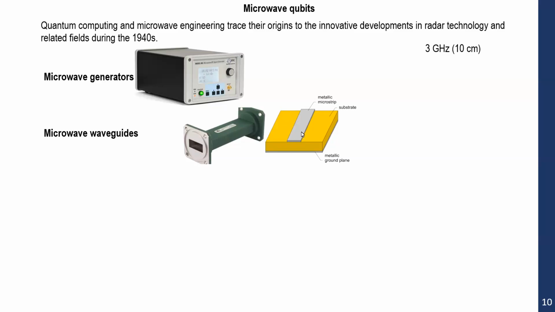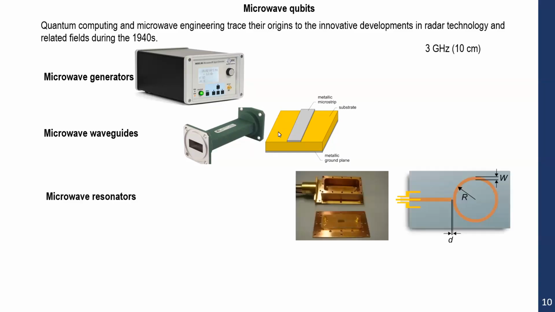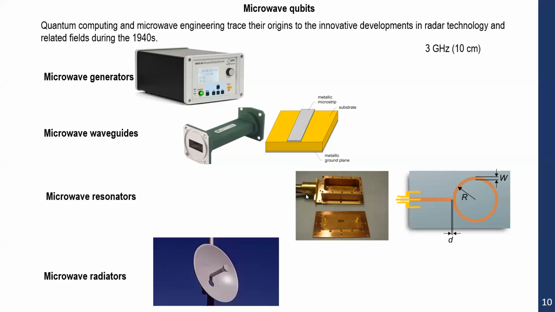All this is, of course, very well developed and can be easily fabricated. The generated microwave field can also be stored in a resonator, like a cavity shown here, or like a ring resonator made of these microstrip lines. And of course, radiated using some antennas and some other radiators.